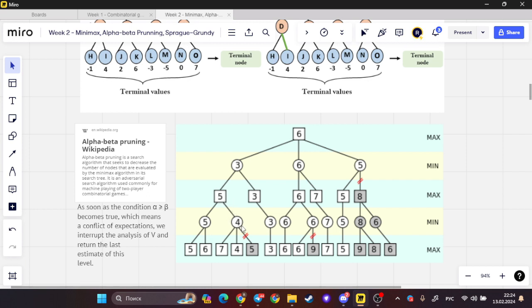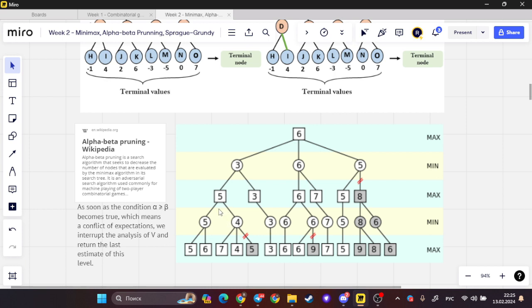Here we have only 4, but the second player takes the minimum, and if we meet something bigger than 4, the second player doesn't take it.